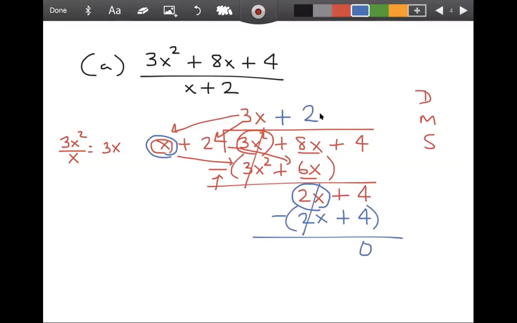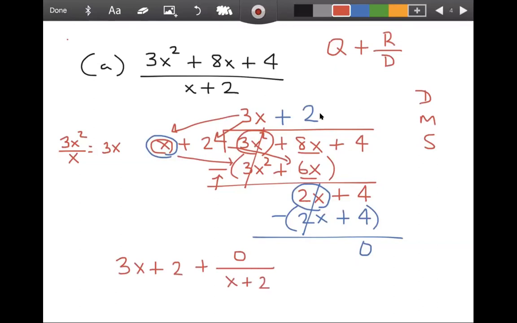All right. So again, you write your answer in the form quotient plus remainder over divisor. So in general, I would write this answer as 3x plus 2, which is the quotient, plus the remainder, which is 0, over the divisor, which is x plus 2.